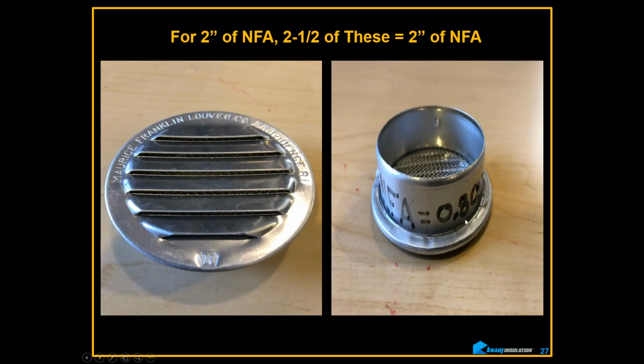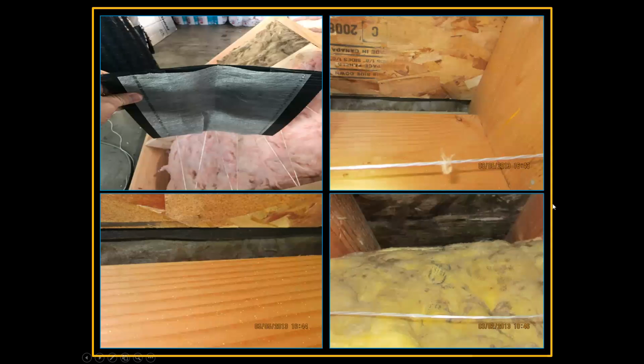So let's say you needed 6 inches in each cavity. You can't put 3 of these in because 3 of them is only going to get you 2.5, right? Net free area, 2.5 inches, and you need 6. So that's why I said, just the short answer is don't use them. If you see them, you're going to have to do a calculation because I can guarantee you that there won't be enough for venting. Other venting problems.